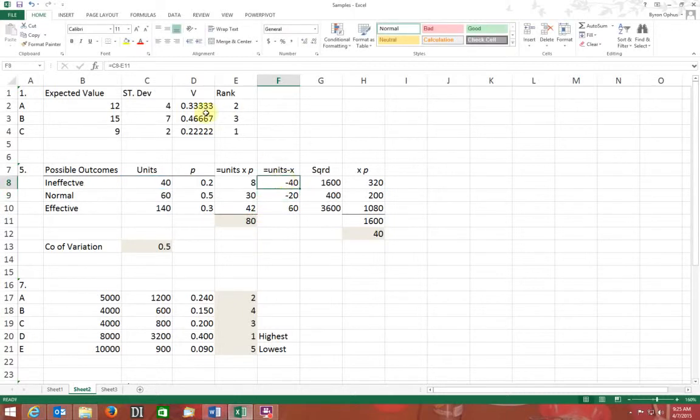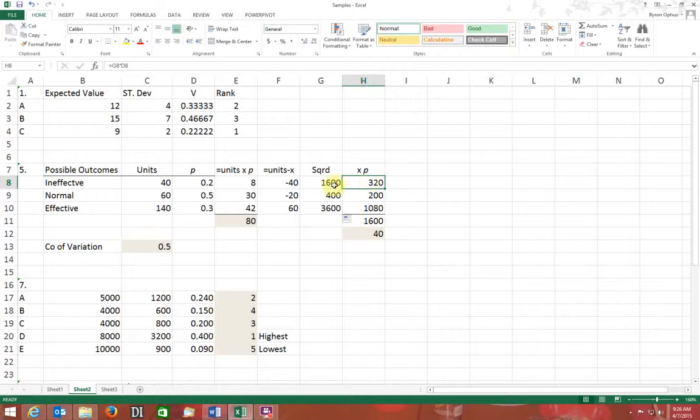And again, I should have hit my F4 there so that it would keep that reference the same, and I copy that down. And then just like above, I square this number, right? So it's equal to this, shift 6 key to the second, enter. And again, I can copy that down, so I get that.